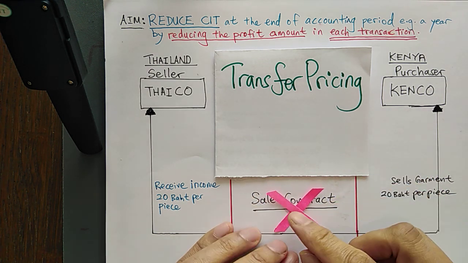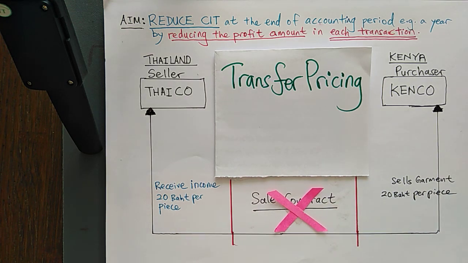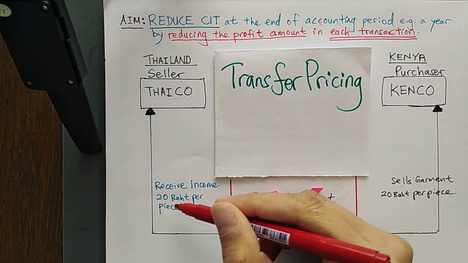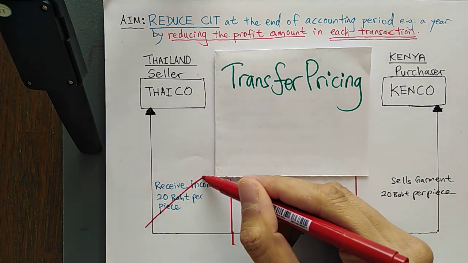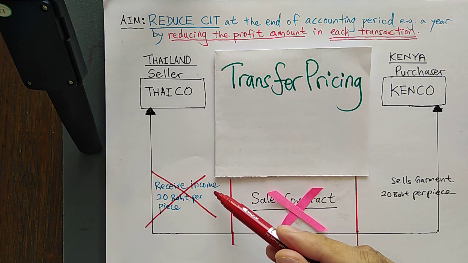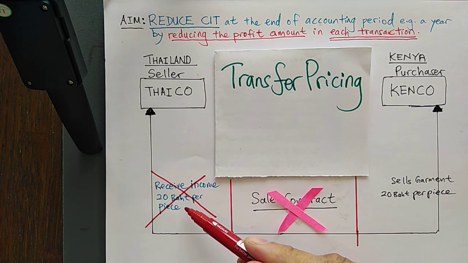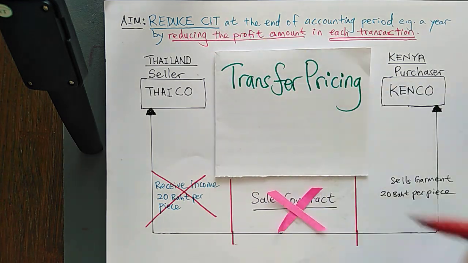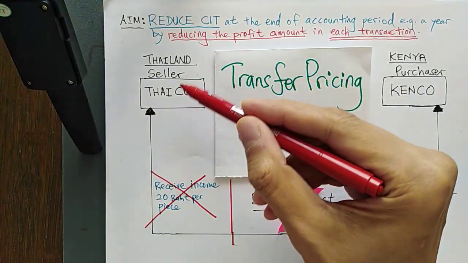You don't want a sale contract to take place here. And also, of course, you would not want to have the income coming here, because this 20 baht has profit in it that could affect the net profit of the company, Thaiko, and maybe expose it to Thaiko's CIT.